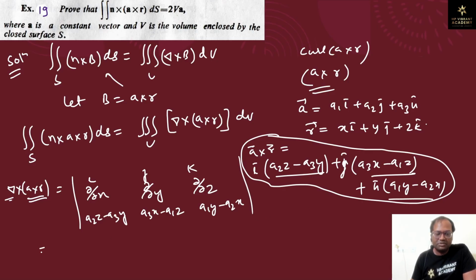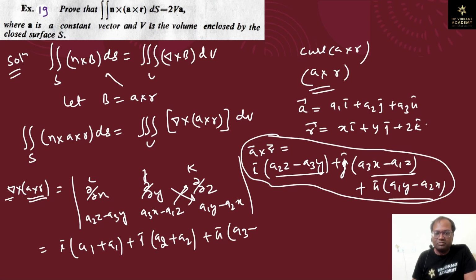Let us further simplify this. This is i cap. Let us take the cross product. Del upon del y of this one gives a1, and del upon del z of this one gives a1, so plus a1. Plus j cap: del upon del z of this one gives a2, and similarly another a2. Plus k cap: this is a3 plus a3.